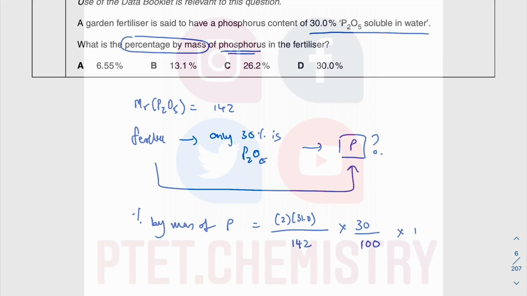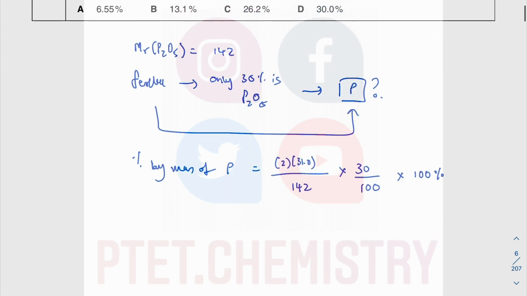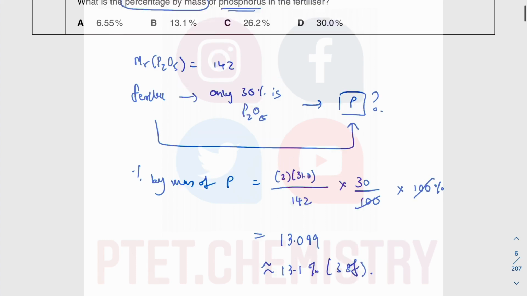And then I need to convert the whole thing to percentage by multiplying by 100%, okay? It so happened that the 100 and the 100 can cancel out, so 2 times 31 divided by 142 times 30, I got 13.099, that is 13.1% to 3 significant figure.